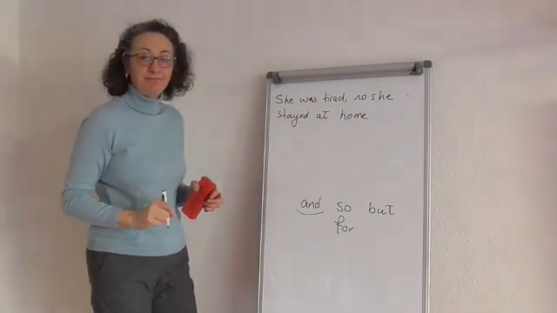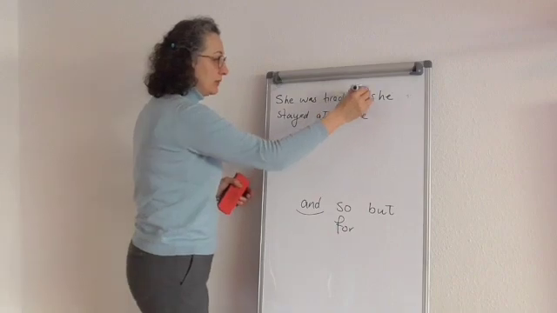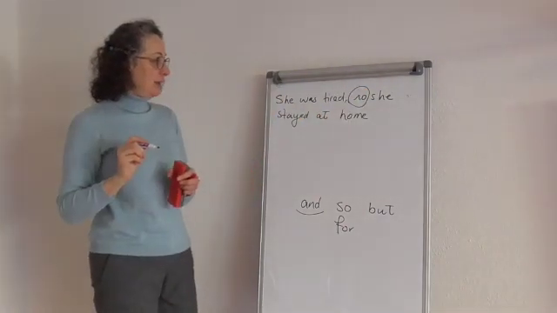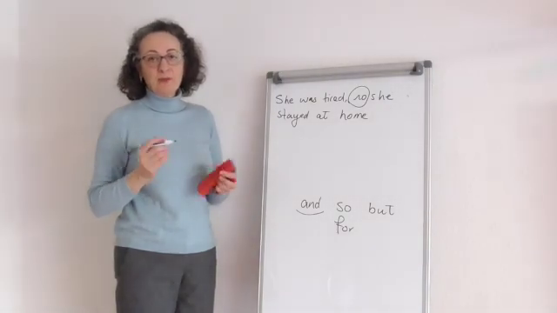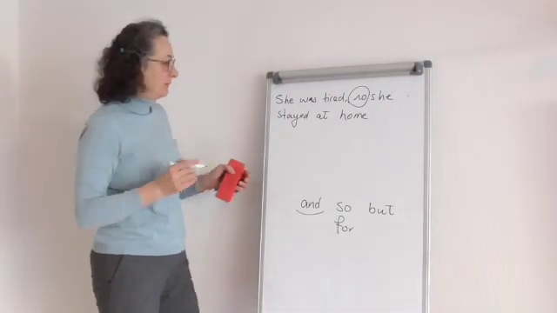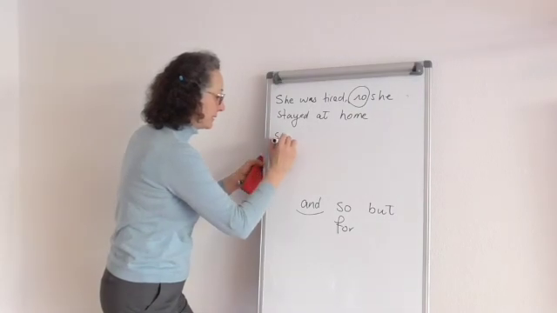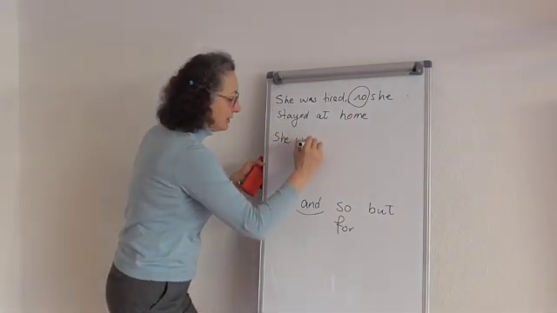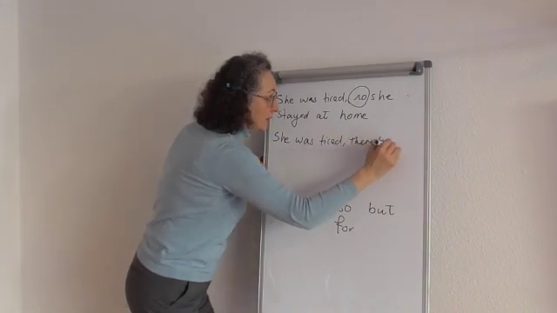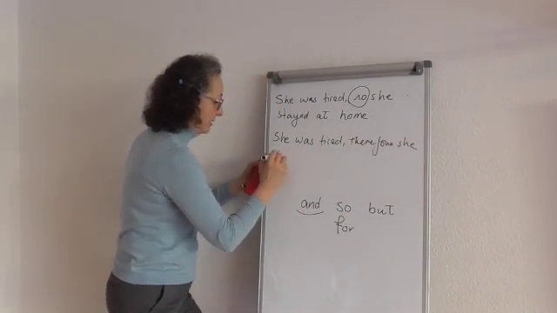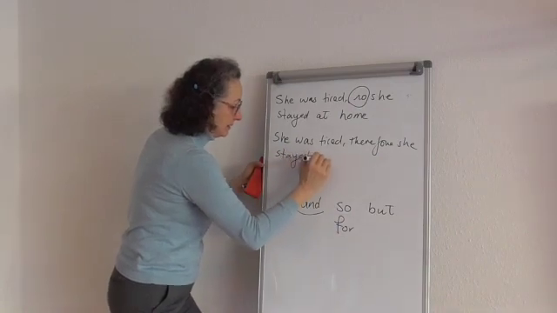Cause, effect. Instead of so, what other words do you think we can put here? Yes, therefore is one of the very, very well-known ones, right? So she was tired, again, comma, therefore she stayed at home.